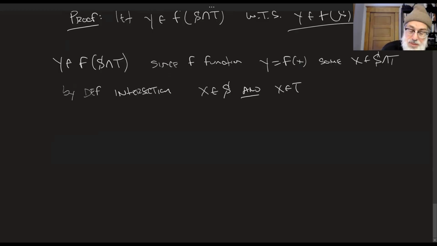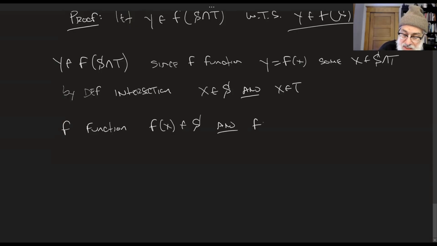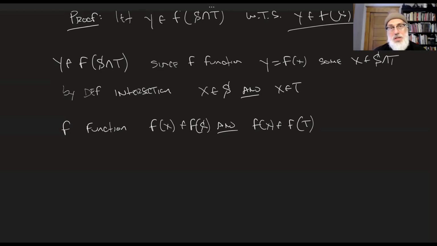All right. So again, f is a function. x in S and x in T are in the domain, so I am guaranteed that I'm going to have an f of x in f of S, and f of x in f of T. If there was no such f of x, then f wouldn't even be a function.